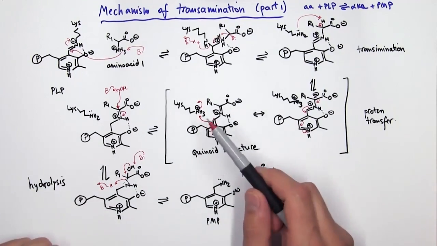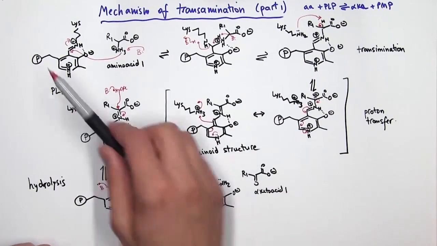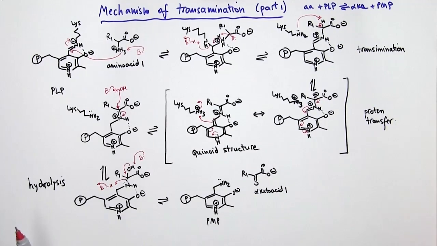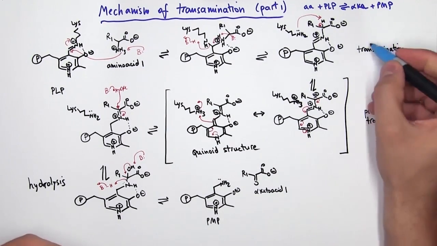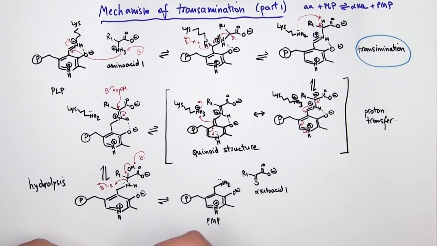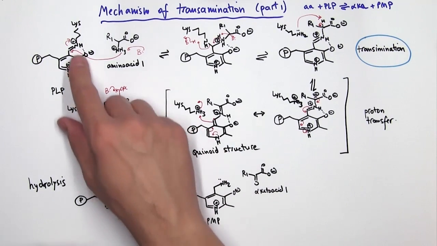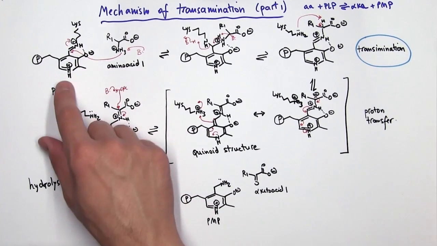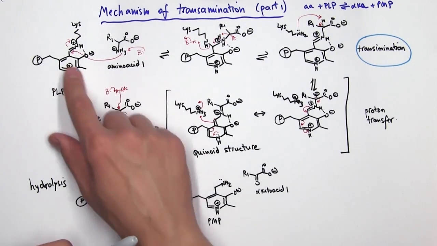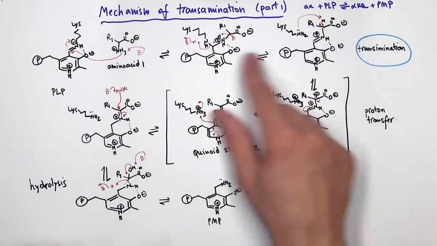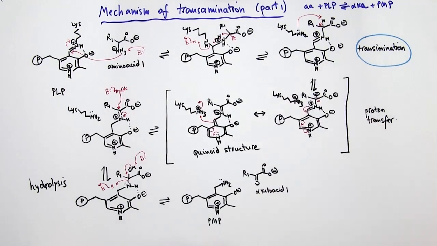As we saw, the mechanism of transamination involves multiple steps. The first step is a transimination reaction, where the Schiff base that's formed between the active site lysine and the PLP becomes a Schiff base between the incoming amino acid and PLP.